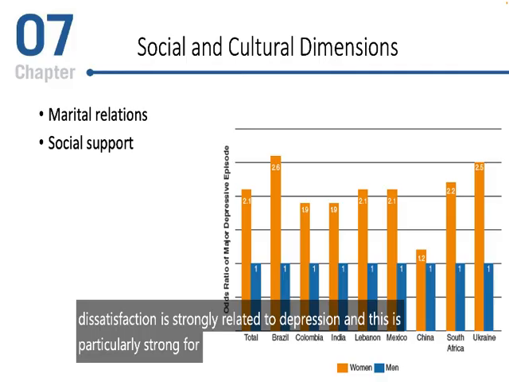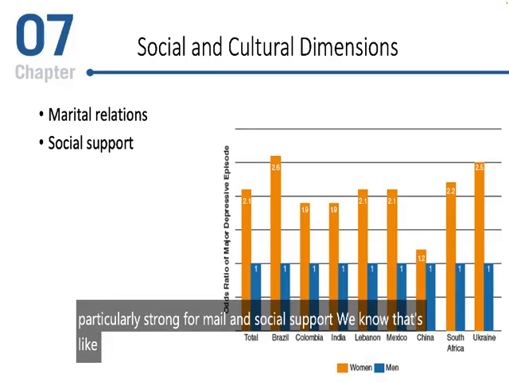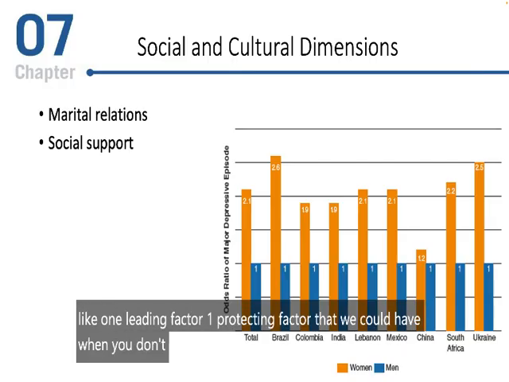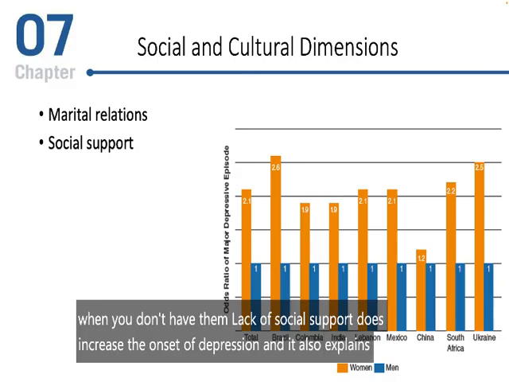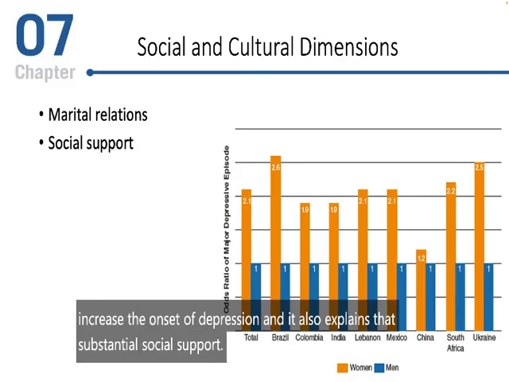And social support, we know that's one leading factor, one protecting factor that we could have. When you don't have it, lack of social support does increase the onset of depression, and it also explains that substantial social support can predict faster recovery from depression.